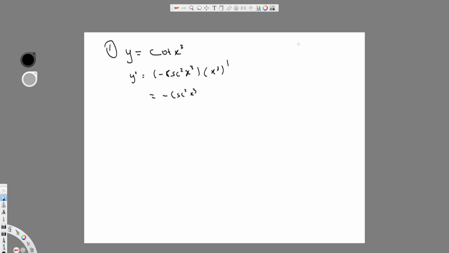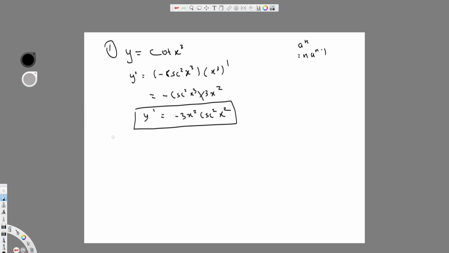If it's x to the n, the derivative is going to be n x to the n minus 1. So for this one, it's going to be 3x square, multiplied by this. So finally we get minus 3x square cosec square x cube. This is the final answer for this question.